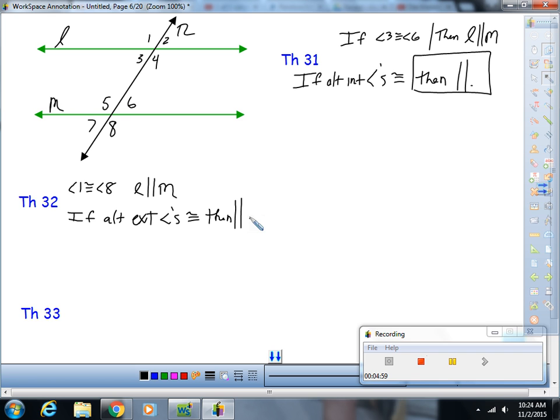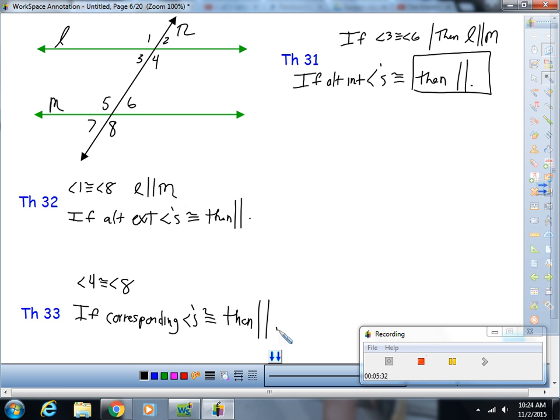Theorem 33 would be, let's say we had angle 4 is congruent to angle 8. Those are corresponding angles. So Theorem 33 says if corresponding angles are congruent, then the lines are parallel. So that is 3 ways to prove that lines are parallel.